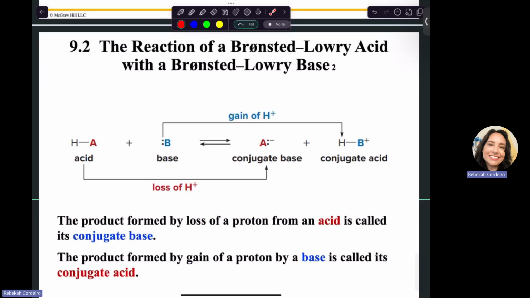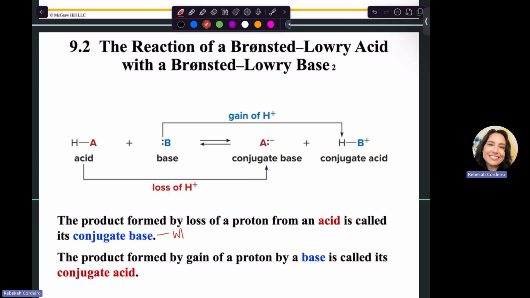When we're talking about acids and bases, we also like to talk about what they make sometimes. And what they make are called their conjugate pairs. So the conjugate base of an acid is what you get when an acid does its job. So I can write that here for you. The product formed by a loss of a proton from an acid is called the conjugate base.